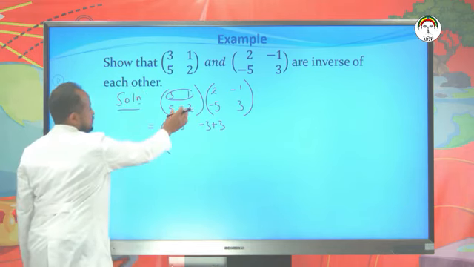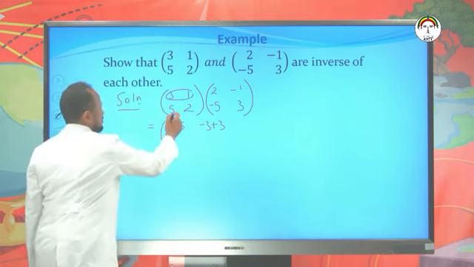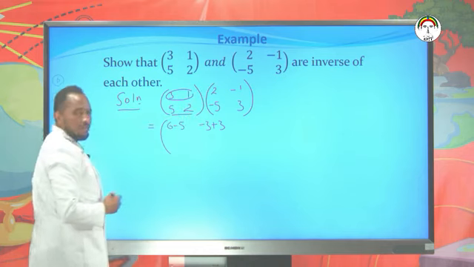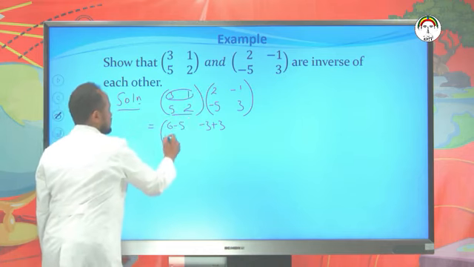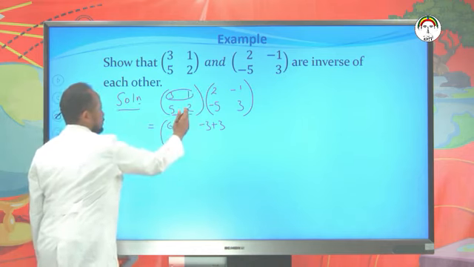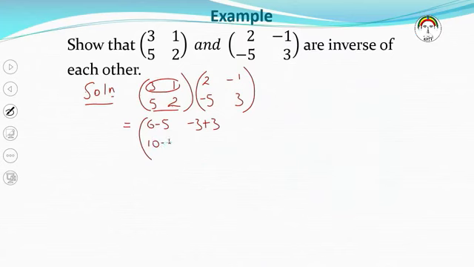The second row multiplies the first column: 5 times 2 is 10, and 2 times negative 5 is negative 10. And the second row times the second column: 5 times negative 1 is negative 5, and 2 times 3 is positive 6.